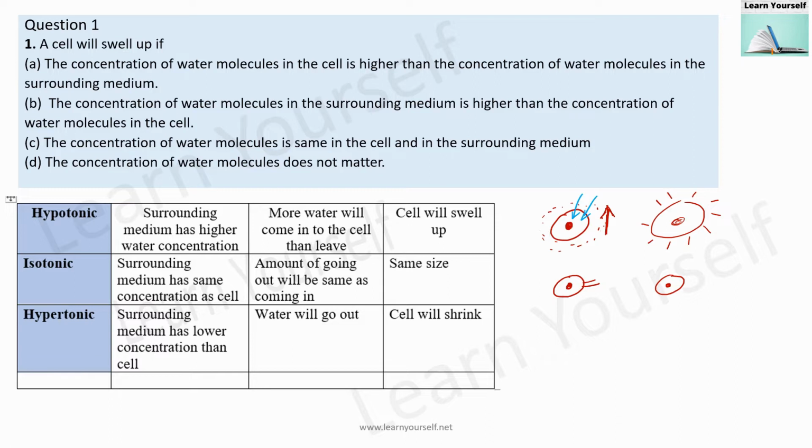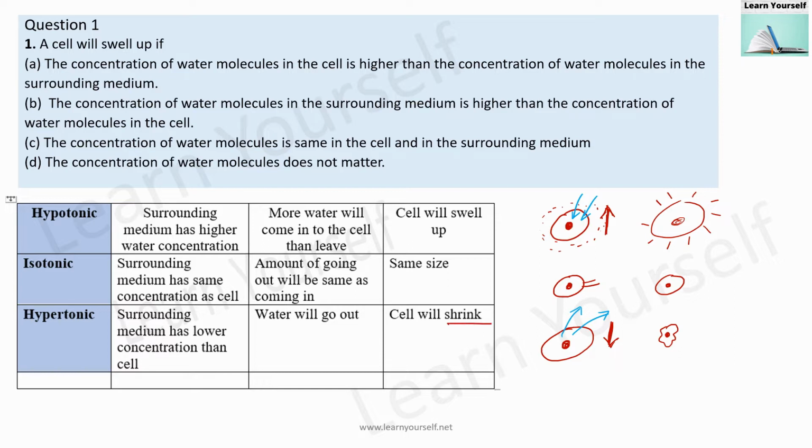Now, when the surrounding medium has lower water concentration and the cell has more water concentration, as a result the water will go out. Maximum water will go out. So that's why the cell will shrink because its water has gone out. So in hypertonic solution, the cell will shrink.